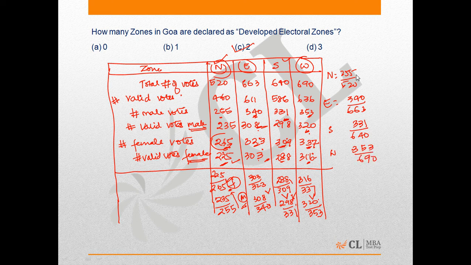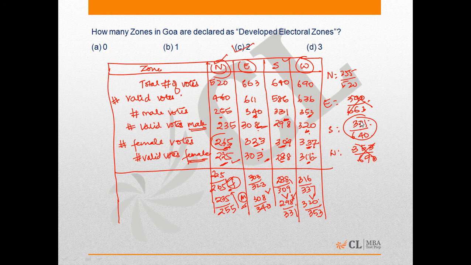So if we compare, the fraction for the South is definitely larger than that of East. So East doesn't count. If you look at South, there is an increase of 22 in the numerator, while there is an increase of 50 in the denominator. So North has to be a lesser value than South.